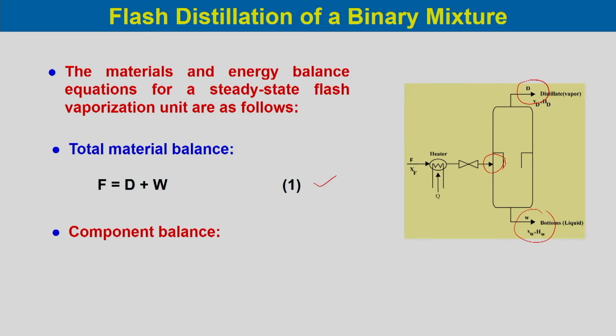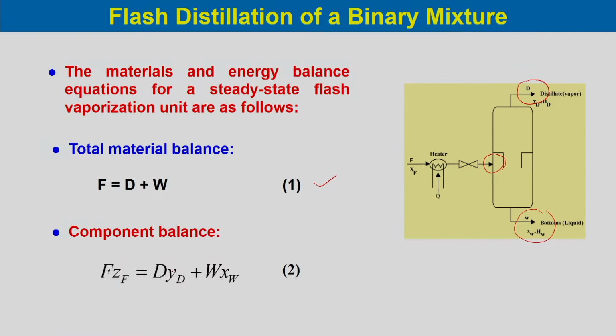Now, if we do the component balance, we have component A, which is the more volatile component. Having the total flow rate F and its composition of the more volatile component as ZF, F ZF would be equal to the distillate flow rate D times the mole fraction of the solute YD in the distillate, plus W, the bottom flow rate, times the mole fraction in the liquid, XW.